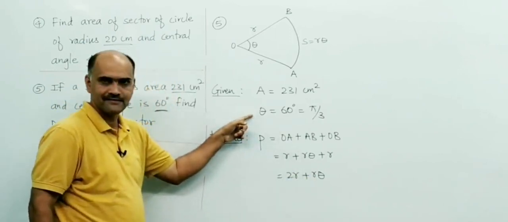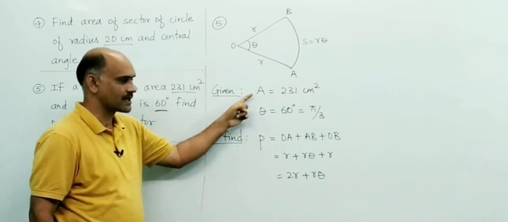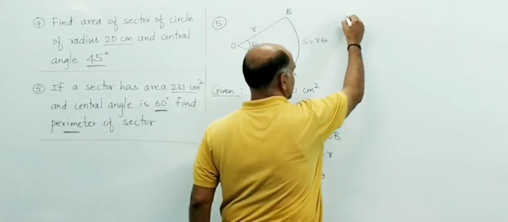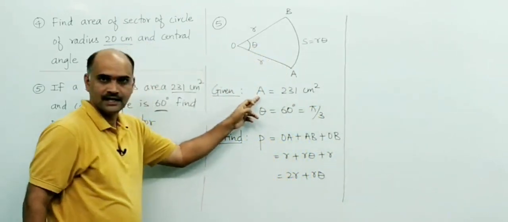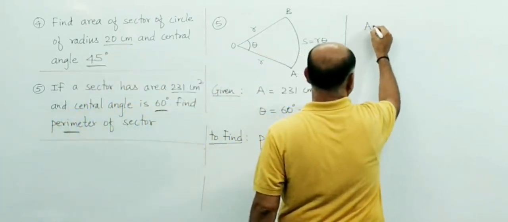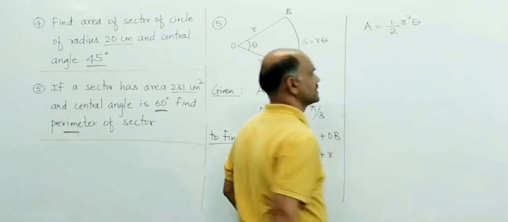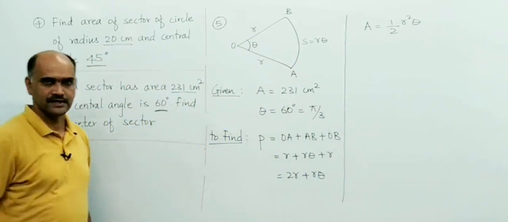Theta is given, so first you are required to find the value of R. To find R, the area of a sector is used. We know that area of sector is given by half R square theta.